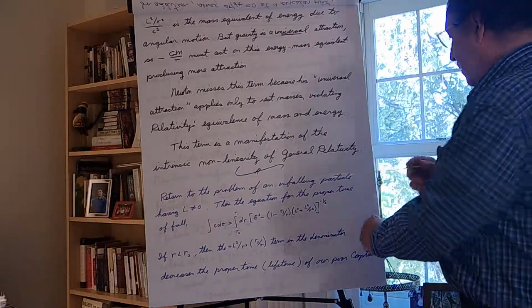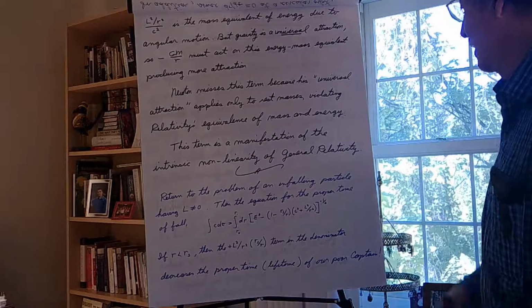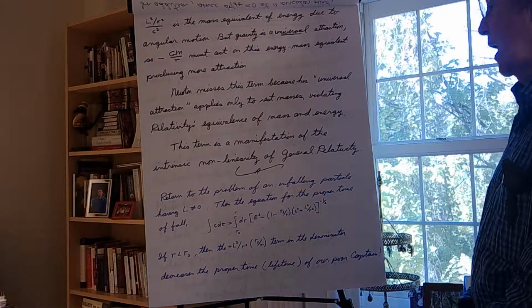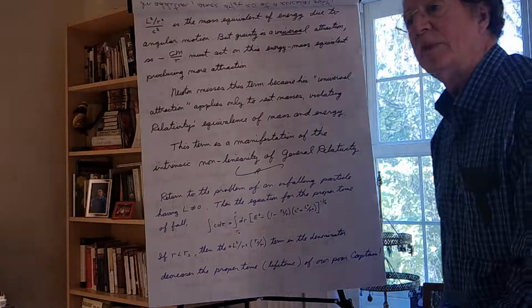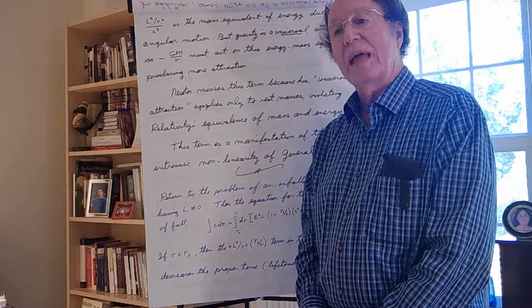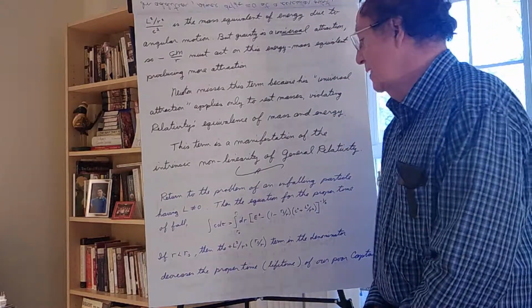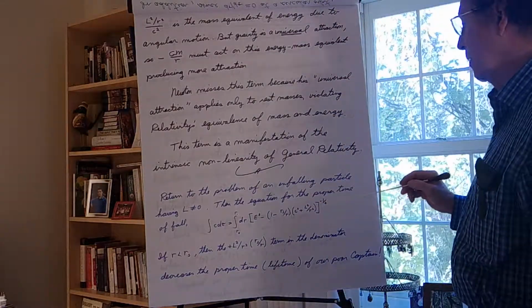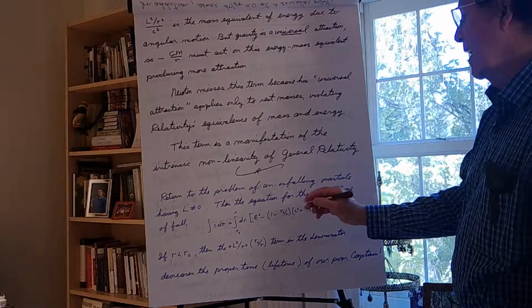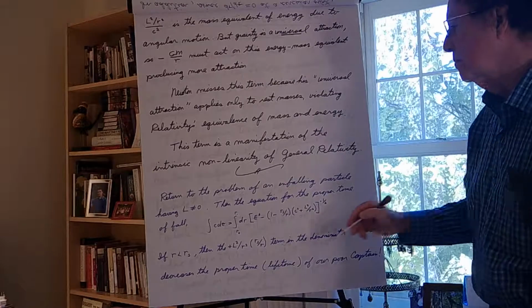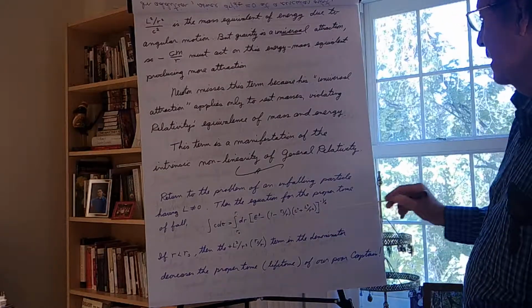It's interesting, however, to return to the problem of the infalling particle again, and write down the lifetime for particles with L different from 0. Remember, we did the problem of the captain falling into the black hole, but he was falling in along a radius. Now, if he's falling in with angular momentum, his lifetime is changed by the appearance of this extra term downstairs. Now let's take a look at this extra term.